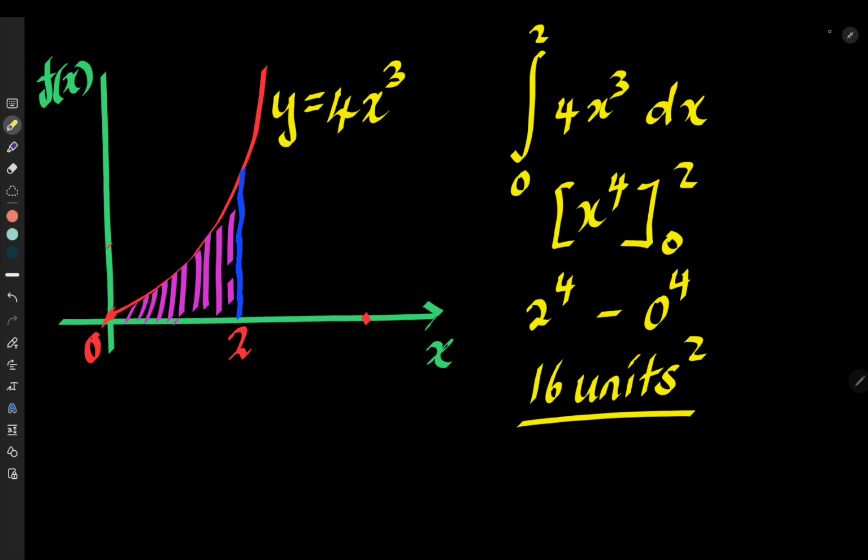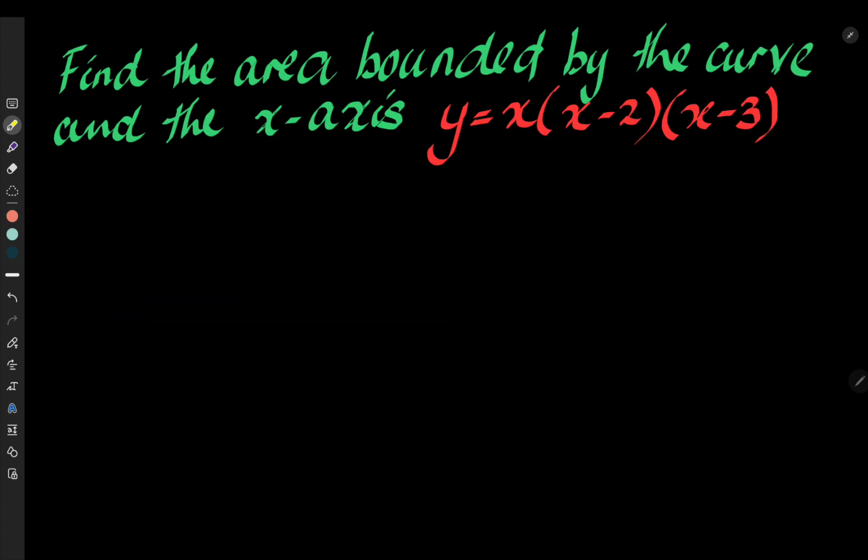Now let's look at the last example. In this example, we are asked to find the area bounded by the curve and the x-axis. The curve is y is equal to x(x minus 2)(x minus 3). Before we attempt this question, we want to get the x-intercepts, because without those values, we can't do the integration.